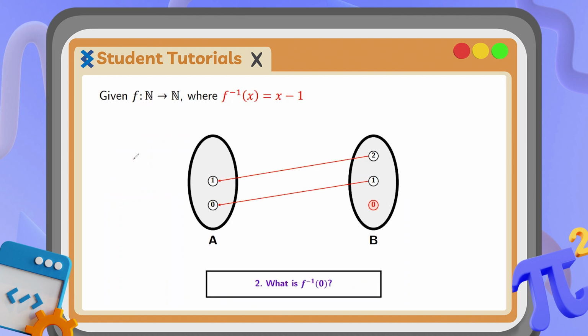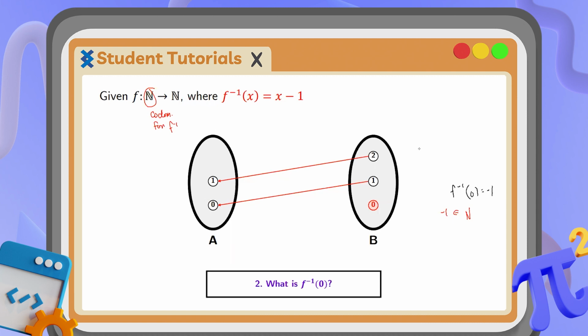Then what is the inverse function when applied to 0? If we just apply it as is, f inverse of 0 is equal to negative 1. However, our codomain for the inverse function, take note, negative 1 is not an element of the set of natural numbers.